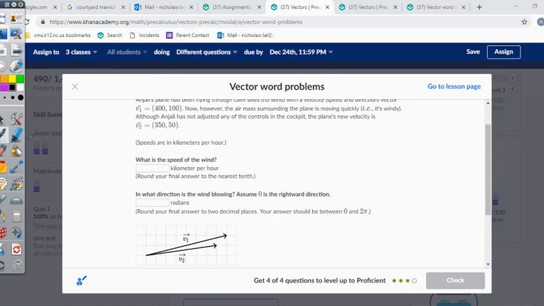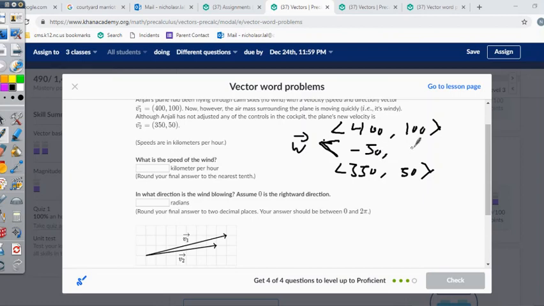So the wind, you have 400, 100. The final vector is 350, 50.